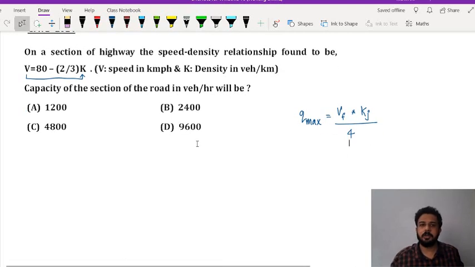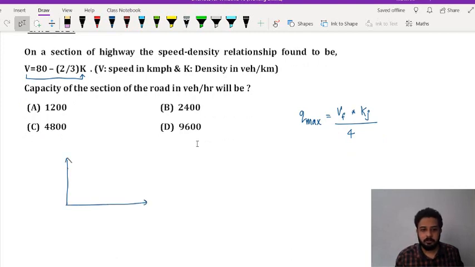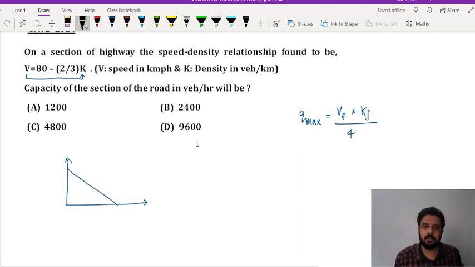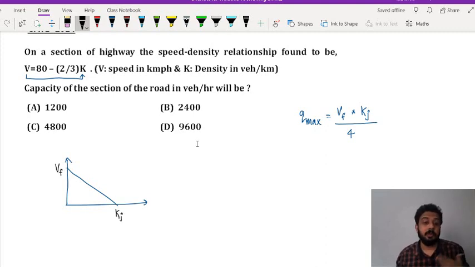We know whenever there is a linear relationship, we get Vf. Just for understanding, I am taking whatever we have written as of now. So this is Kj, this is Vf. We get the maximum value of speed Vf whenever K is 0, right?